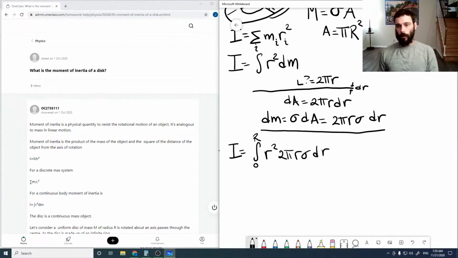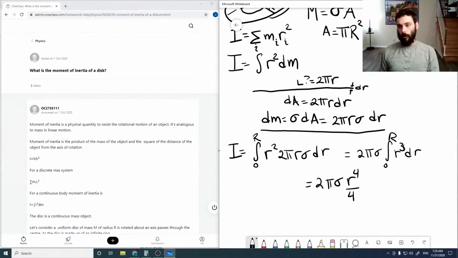And the r will give us a 2 pi sigma integral 0 to r cubed dr. So the integral of r cubed, we can just use the power rule, so that the 3 goes up to a 4, and then we divide by 4. And so that's 2 pi sigma r to the 4th over 4 from 0 to r. And at 0, r is going to be 0, so the whole expression will be 0.